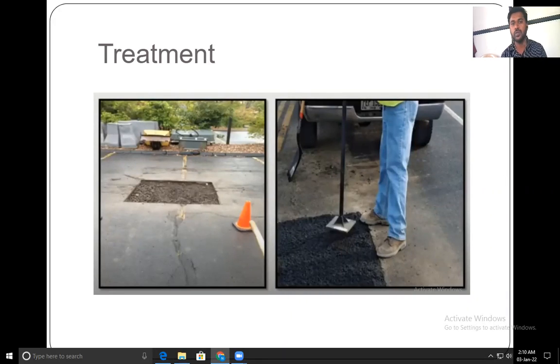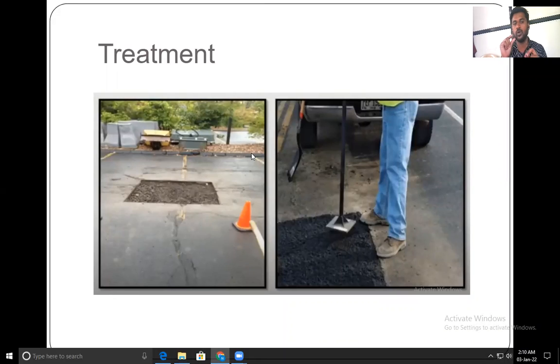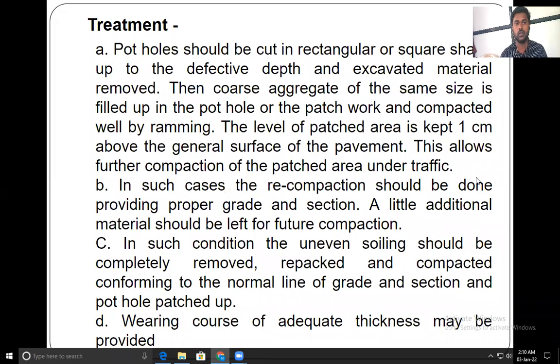If possible, we have to maintain a small raised part over the pothole, because with the ultimate passing of traffic on the road, the thickness may get reduced.